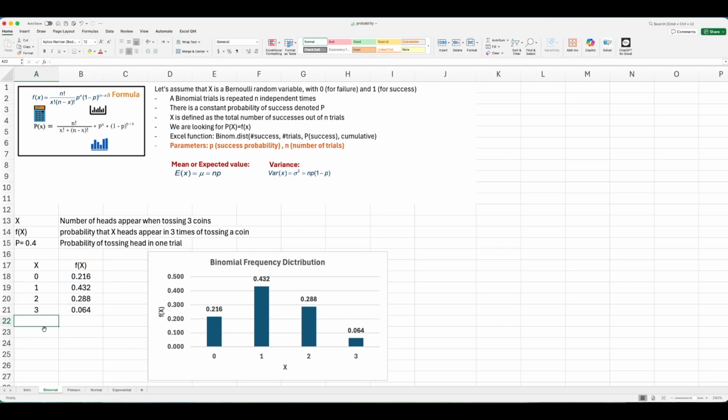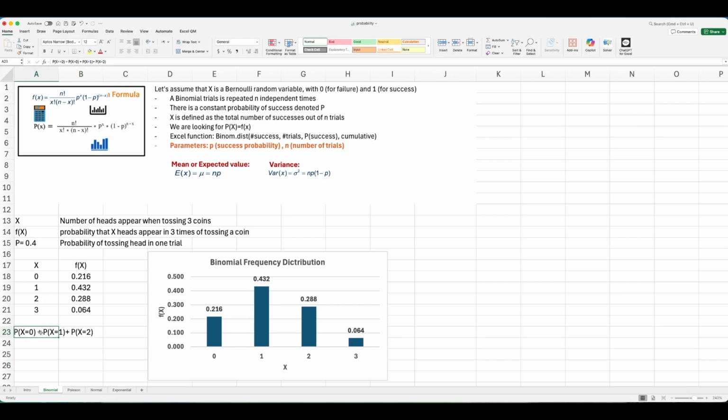Something that I want you to notice is the reason we put false here. If I ask you what is the probability that x is less than or equal to 2, it means that I want you to tell me the probability that x is equal to 0, or the probability that x is equal to 1, or the probability that x is equal to 2.